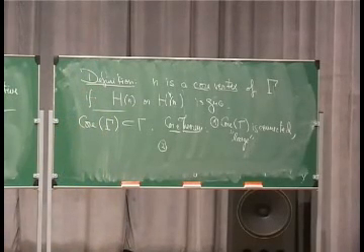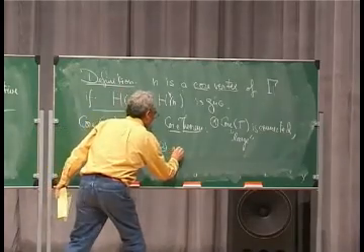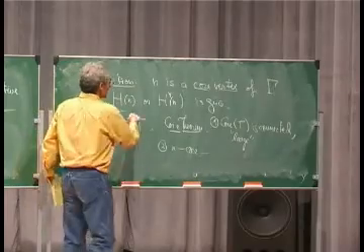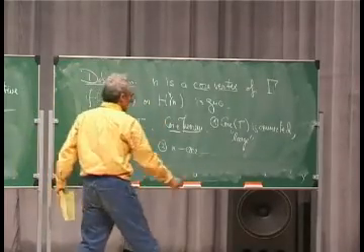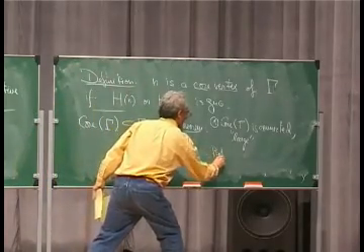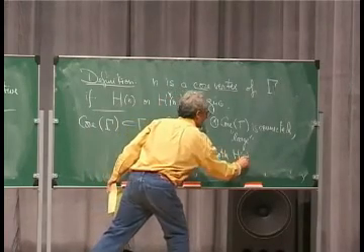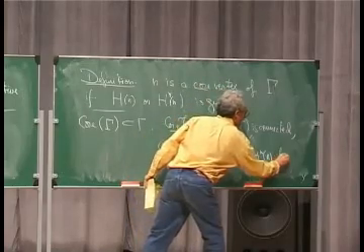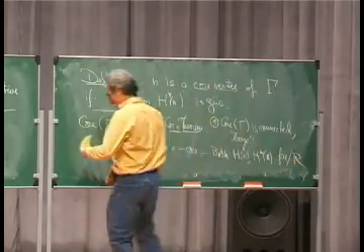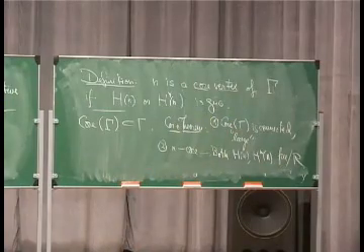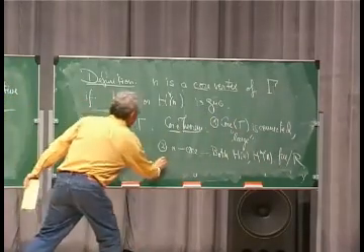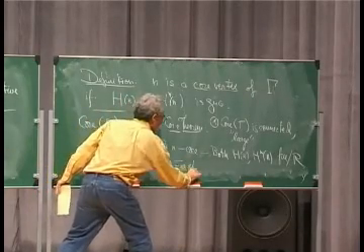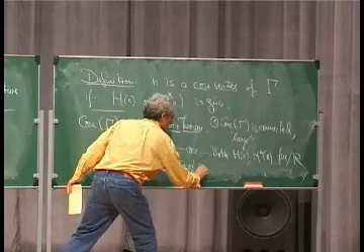The second is, if n is a core vertex, one of these is 0, and then the other one is free. So I might say both h of n and h star of n are free over R. And the third is the statement that they're free of rank independent of the core vertex n.